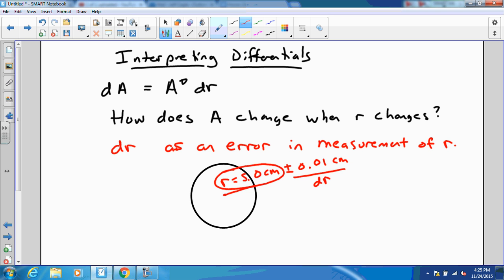And so we can think of the radius here as the measured value, and we can think of the error as a small differential change in that value.